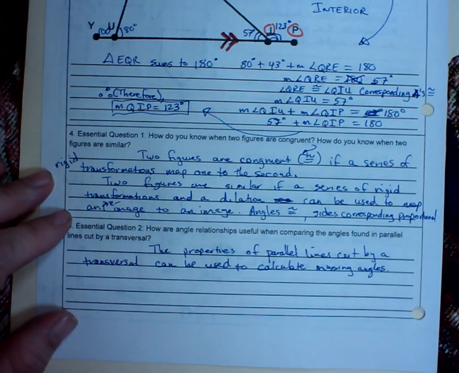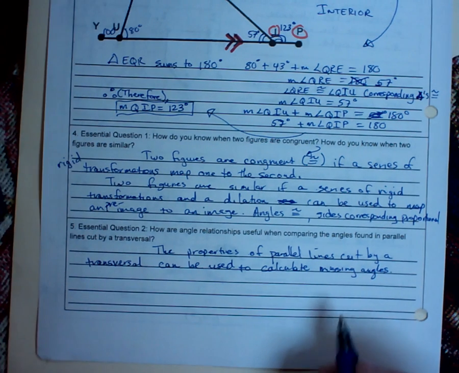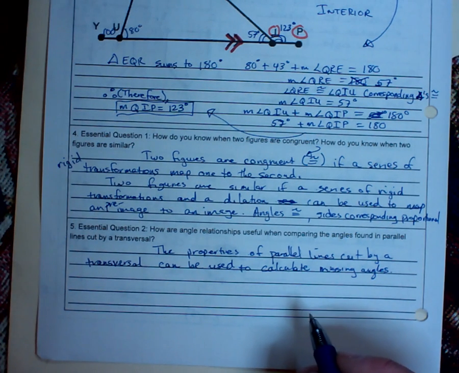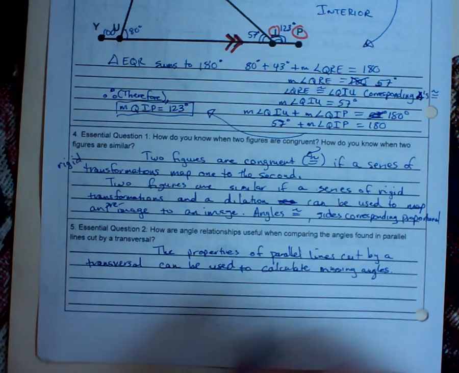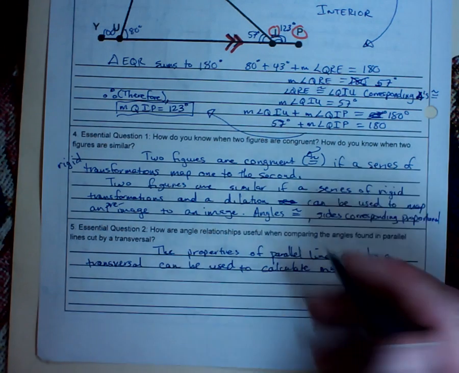And you could name some of those properties if you wanted to: alternate interior angles, corresponding angles, vertical angles, supplementary angles. Those are all properties that we used.